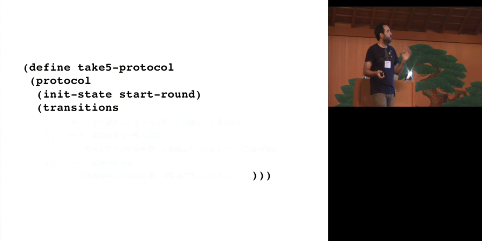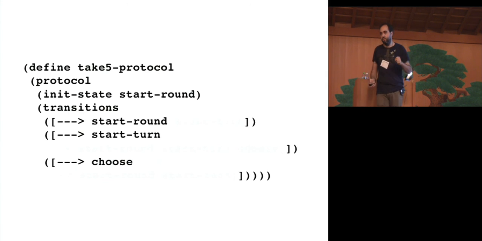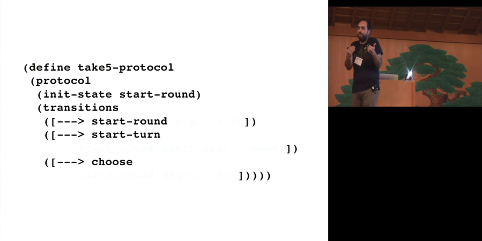Then after, we have the transitions, the transition function of our automaton. In every case of the transition function, the left-hand side is one state. It's one method. It checks whether the method we are about to perform is one of the allowed methods, one included in the current state.